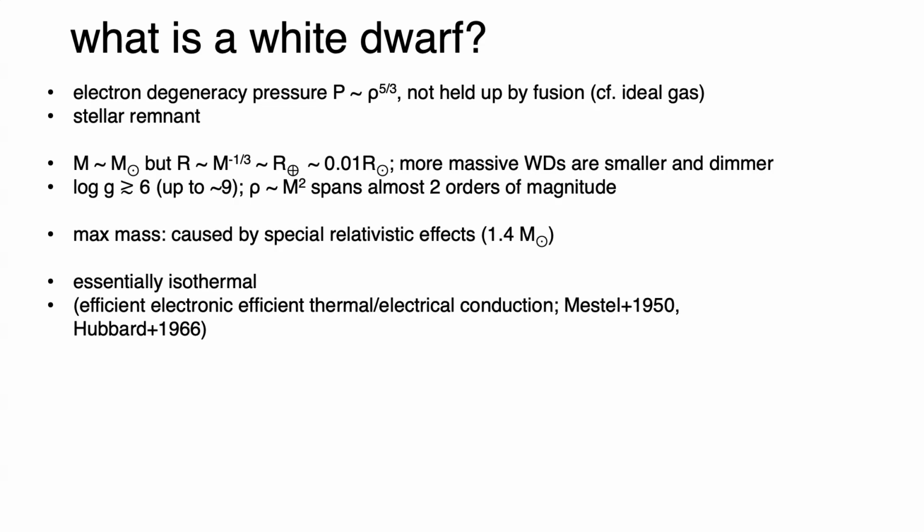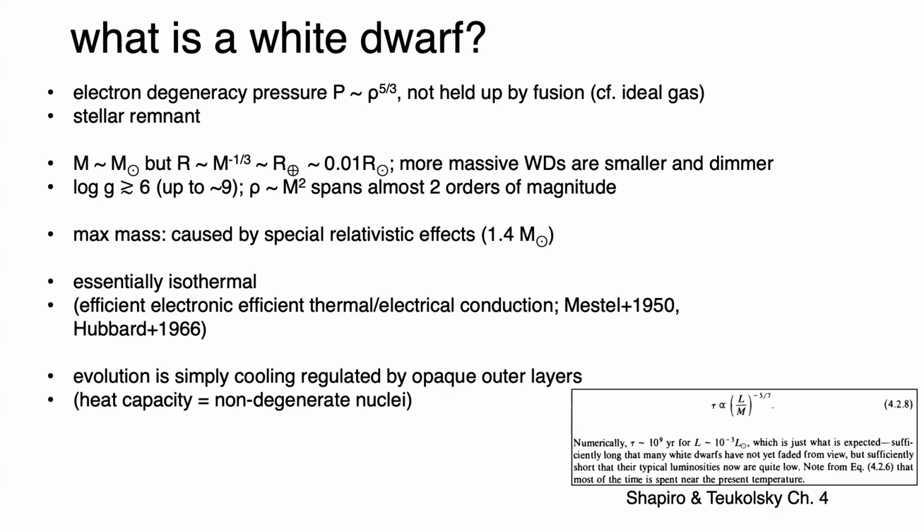So not something like radiative diffusion like you might be used to in a normal star, and most of the star isn't convective. As a result, the interior of the star is basically one temperature, and the cooling is regulated by the envelope, which is non-degenerate and has a higher opacity. So there's a kind of blanket on top of the white dwarf that's regulating how fast it can cool.